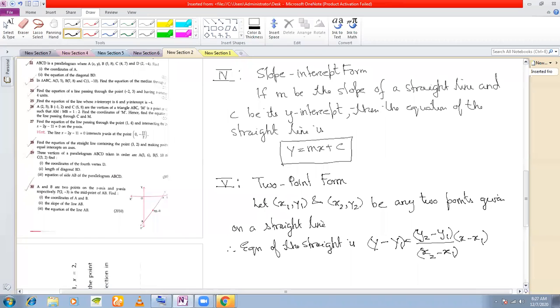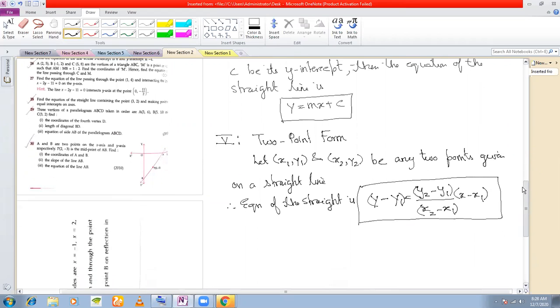This is what you must remember. Okay, you can remember in any form you want. In the book, they must have given y minus y1 into x2 minus x1 is equal to y2 minus y1 into x minus x1. But this is the most standard way to remember a 2-point form. Okay, so y minus y1 is equal to y2 minus y1 by x2 minus x1 into x minus x1.